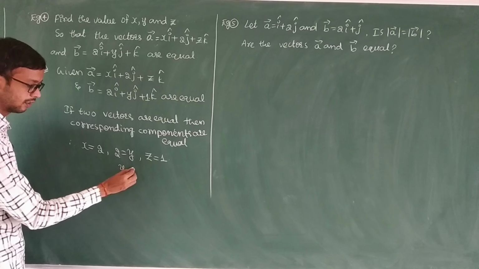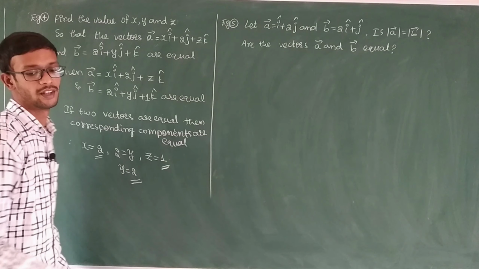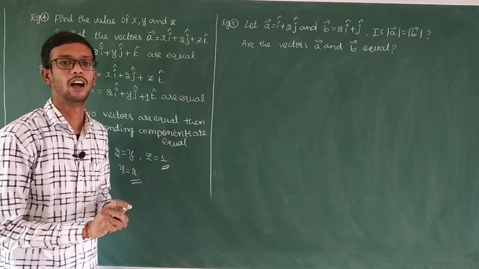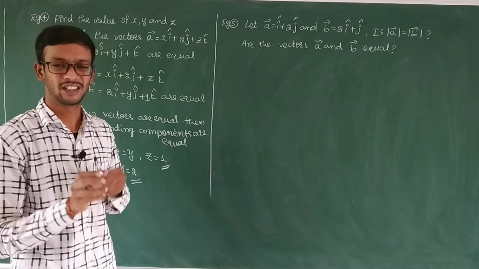So y equal to 2, x equal to 2, z equal to 1. This is the way of finding the x, y, z values when the two vectors are equal. Just think about corresponding elements being equal. If you know the definition, the problem is very easy.